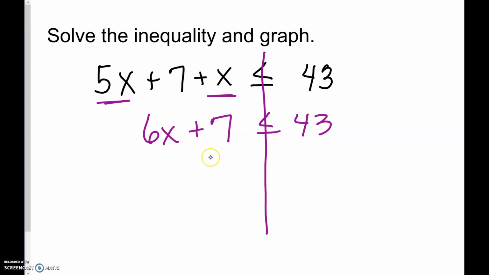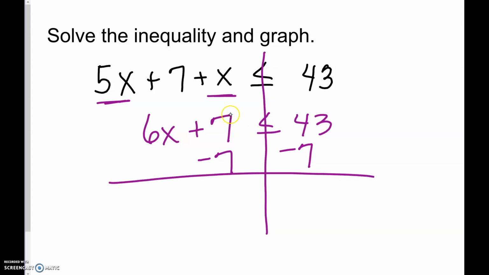So now we need to move that 7 away. 43 minus 7 is going to be 36 here.